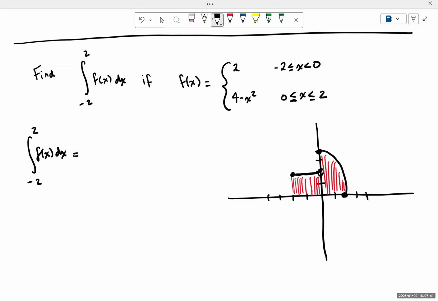So this is how you go about this. You break it up into the first part plus the second part. And then once you have it broken up, you can put in what f of x is on each of those domains. Now, it's true that I put 0 here instead of there.